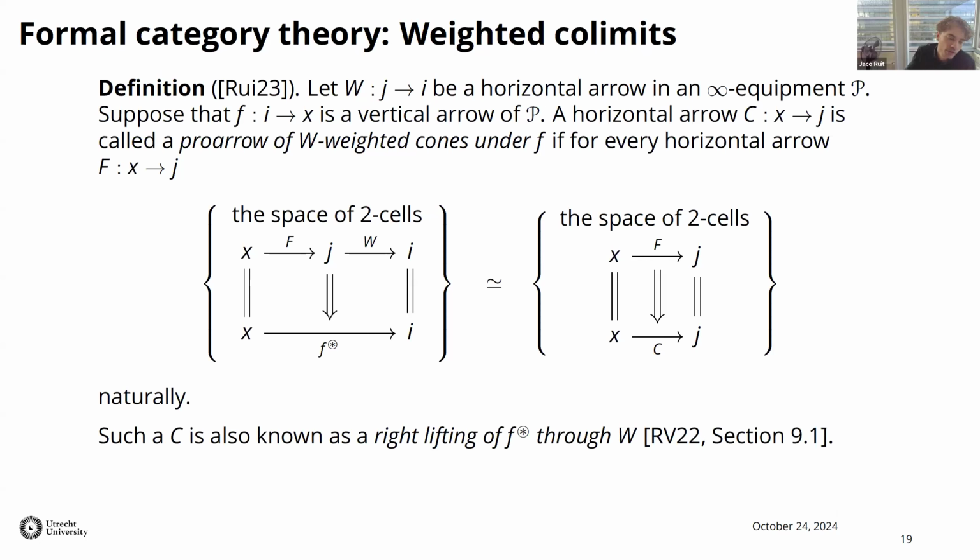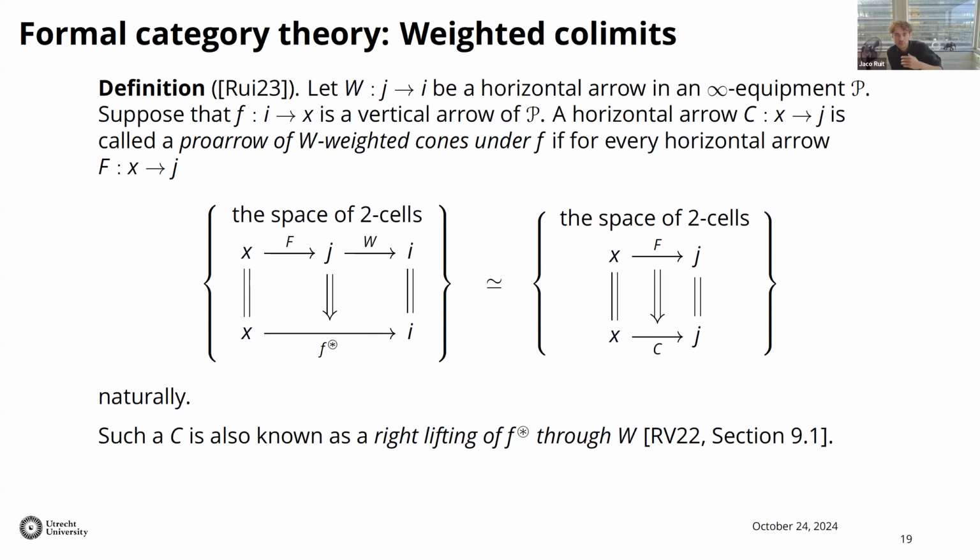Maybe you're more familiar with the following terminology, which also appears in the work of Riehl and Verity. This pro-arrow of W weighted cones C is also known as a right lifting of F upper star through W. This is the definition.